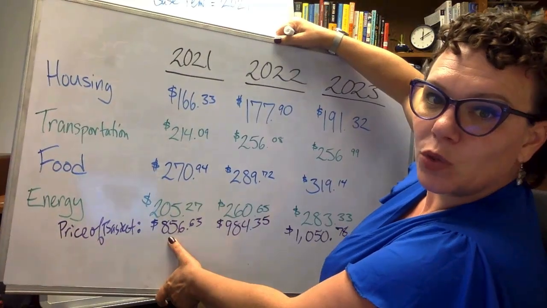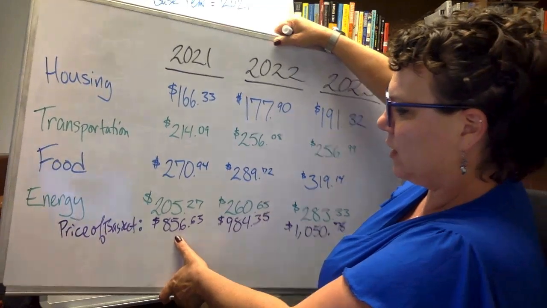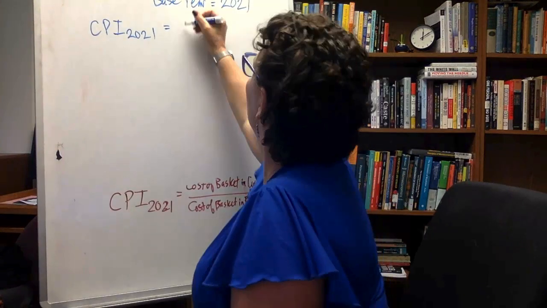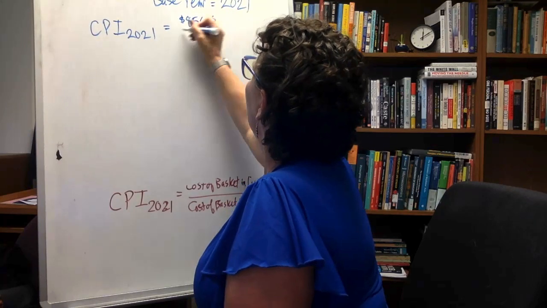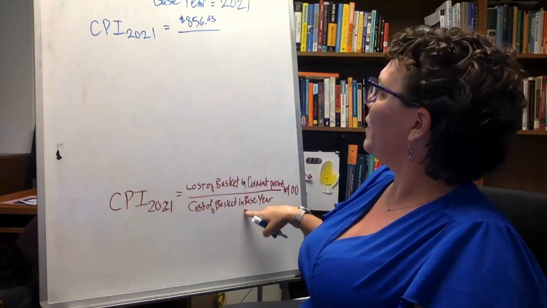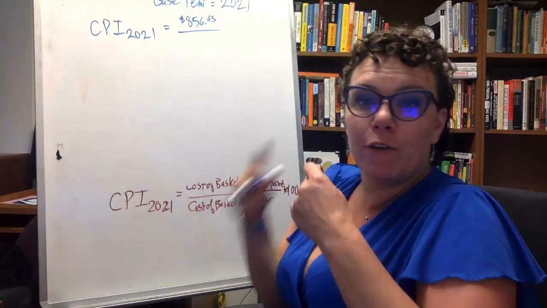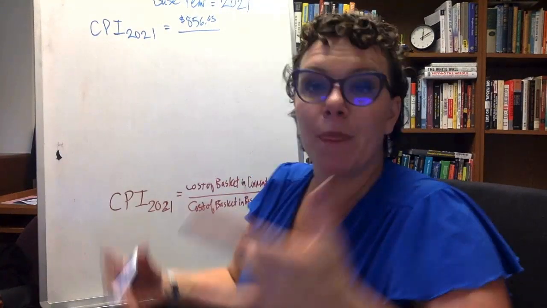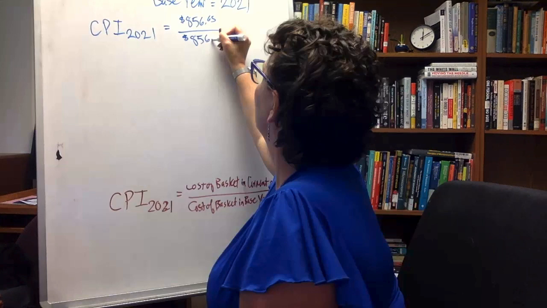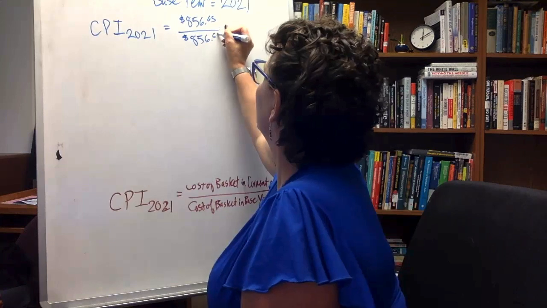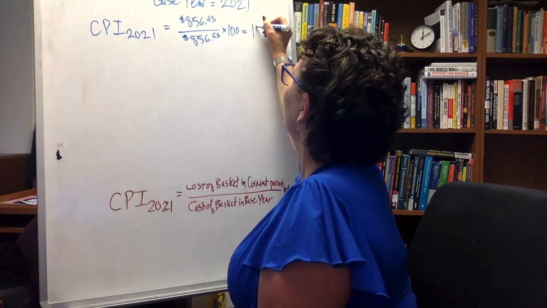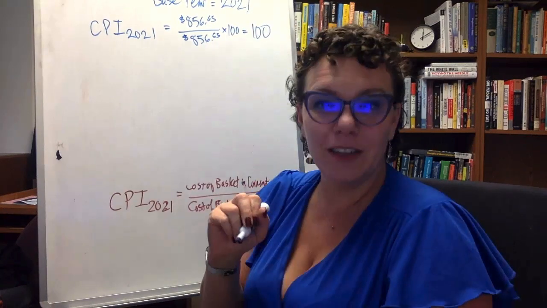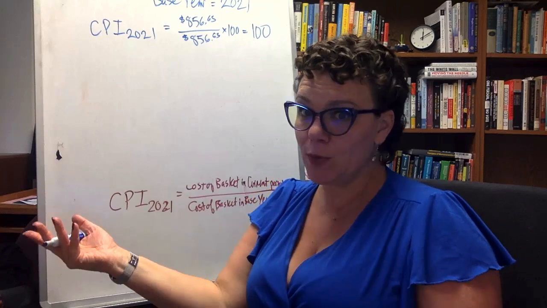The cost of the basket in 2021 is $856.63, and then we divide it by the cost of the basket in the base year. That's going to be the same for that first year. The cost of the current year and the cost of the base year are going to be the same, so they're both going to be $856.63. When we multiply it by 100, we get a CPI of 100, because when you divide something by itself, it becomes 1.